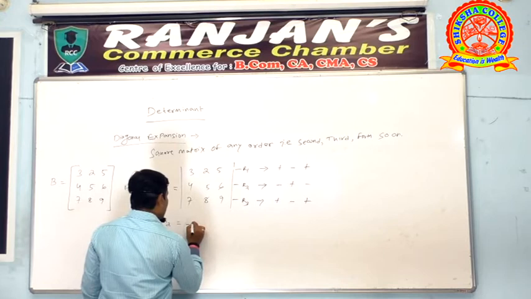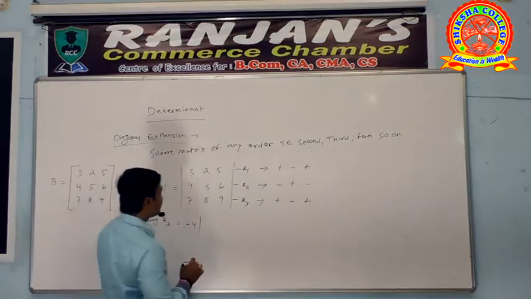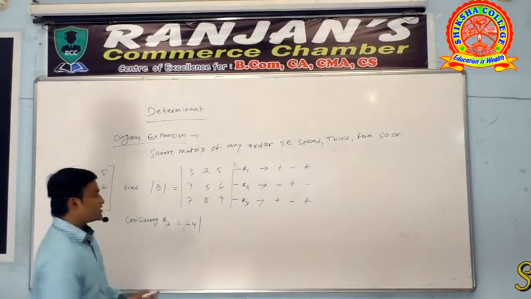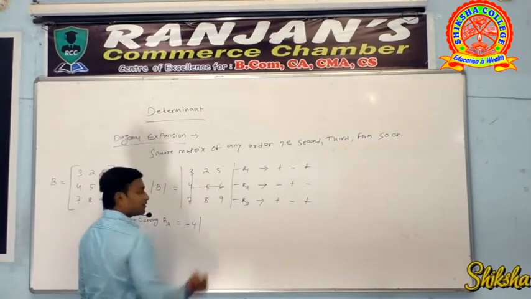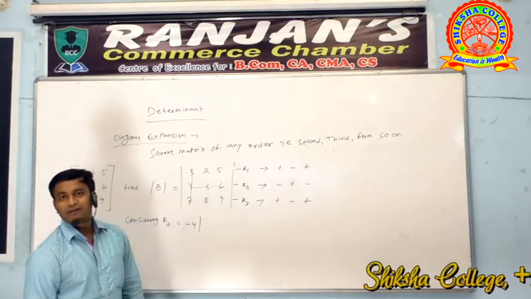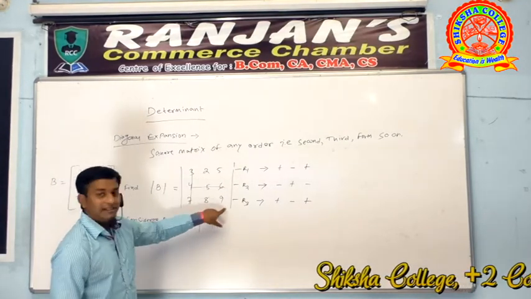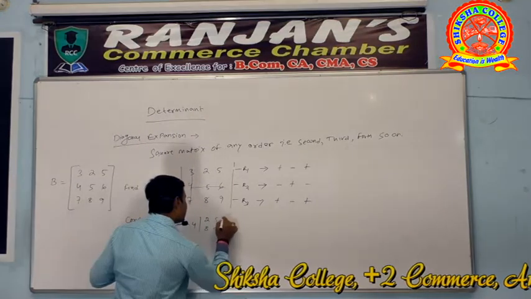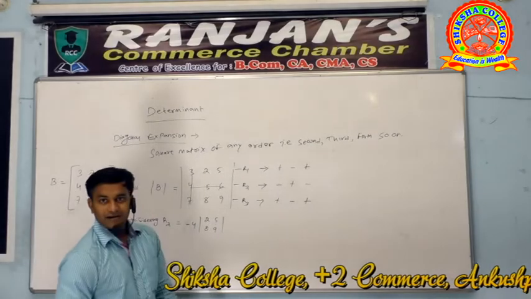So minus 4 into, now what is left? We delete the row and column considering 4. Now what is left? 2, 5, 8, 9. Okay? Clear, students?